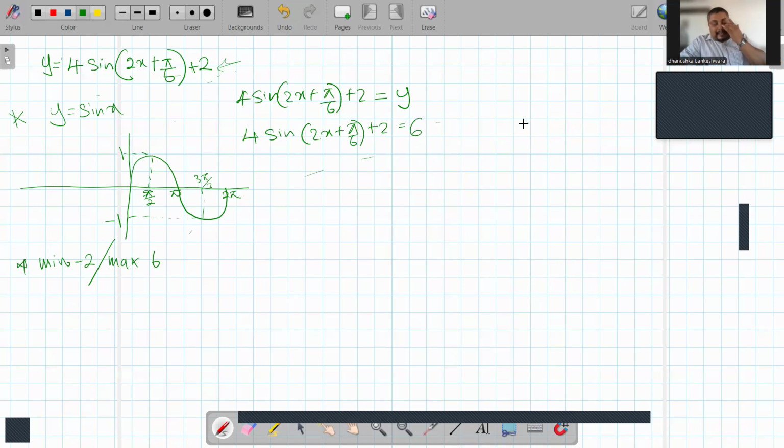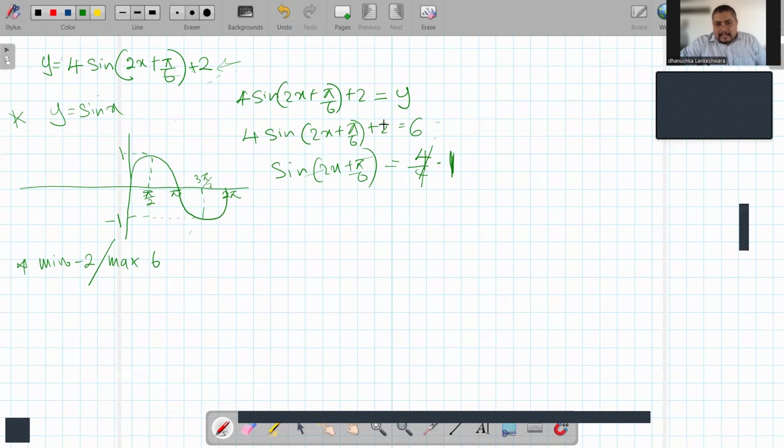The idea is to get one reference point to start. So this 2 goes to the other side, becomes 4, and divide by 4, it means 1. So sine 2x plus pi over 6 equals 1, right?